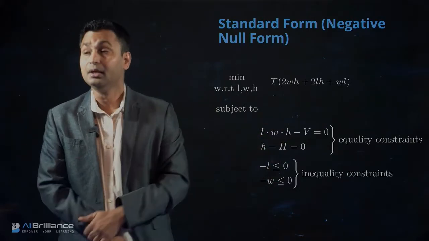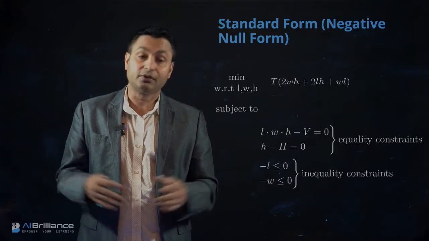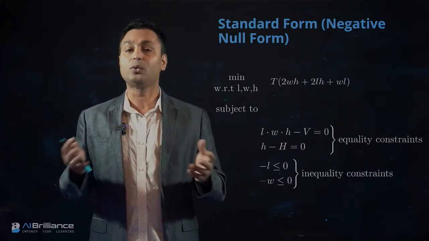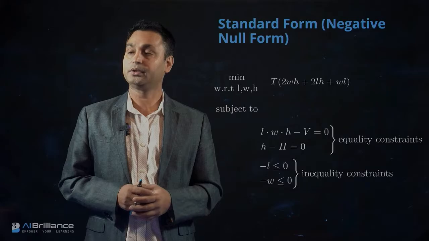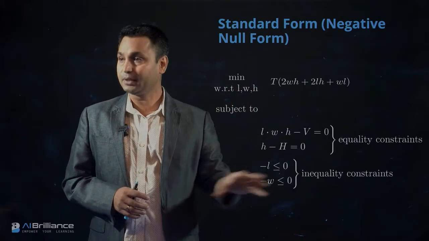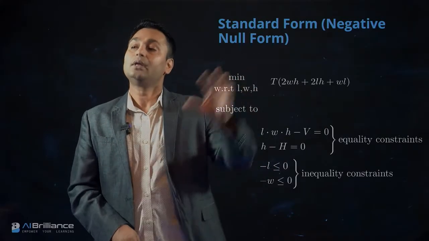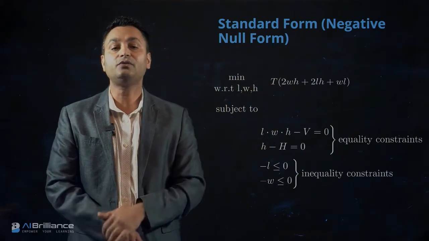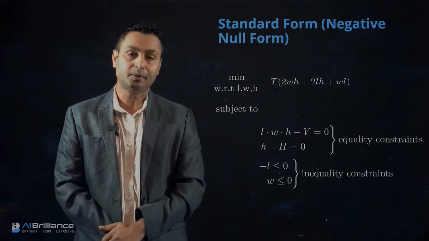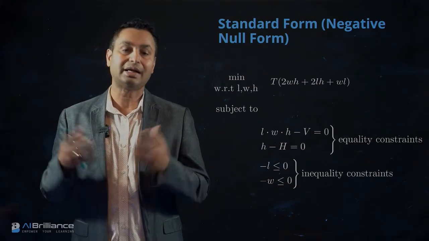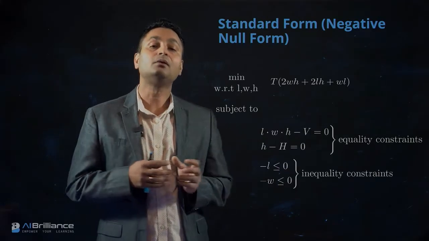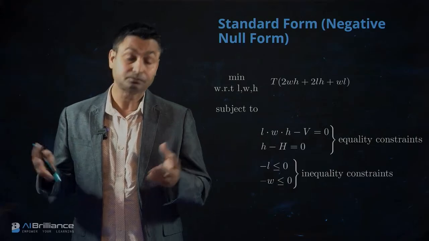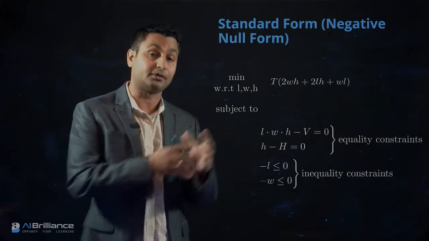First of all, you have to standardize, because there are different ways to write the overall formulation or problem. Typically in optimization literature, people follow the negative null form and take this as a standard. The reason is that for most of the optimization code that you will write in MATLAB or Python or other tools, you can create functions that can solve this class of problems.